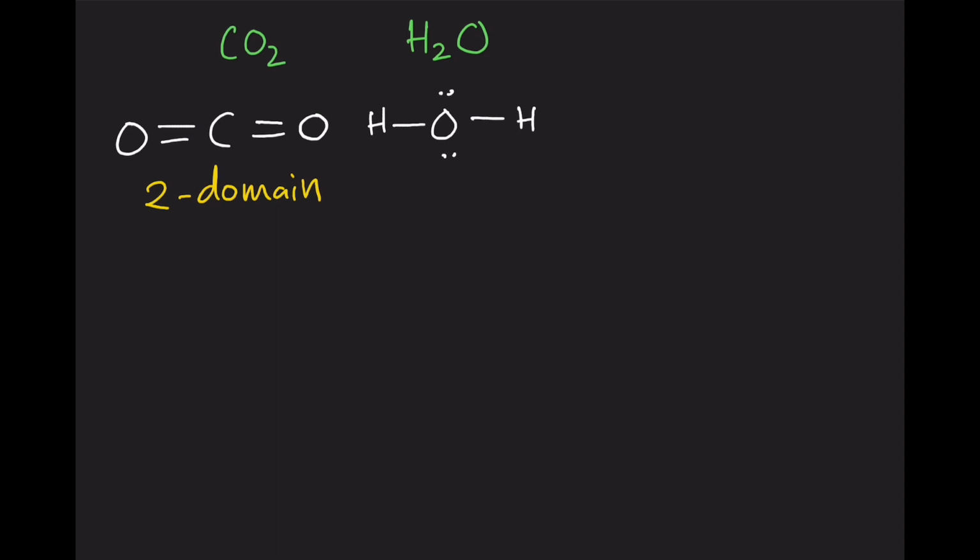So for CO2, we have the first domain and the second domain. It doesn't have any lone pairs, so the structure has a linear shape. Due to the linear shape, we have a perfectly symmetrical compound. Therefore, CO2 is indeed non-polar.